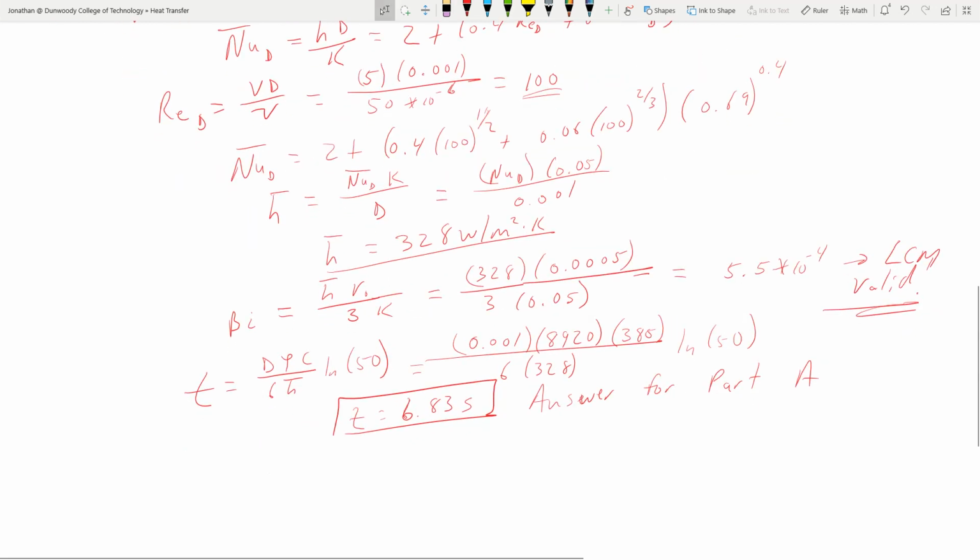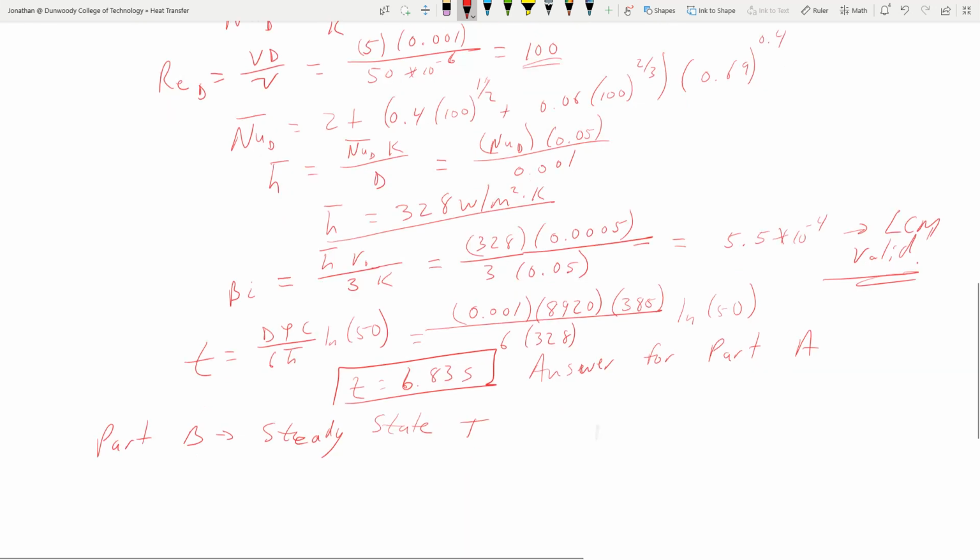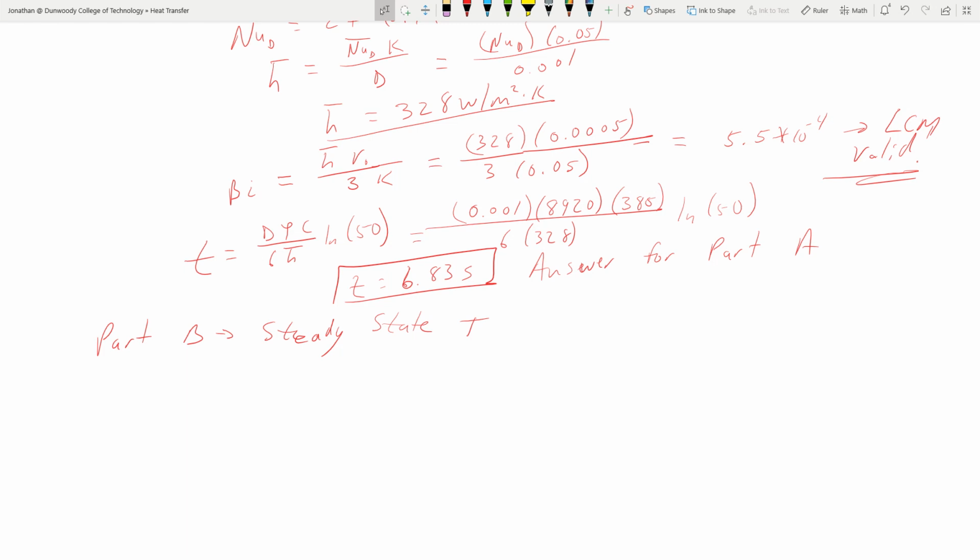Now for part B, we're looking for, with energy balance, the steady state temperature. So what do we have there? We have Q convection, what it's gaining, going to equal what it's losing by radiation. We're assuming epsilon is 0.5 for our radiation.